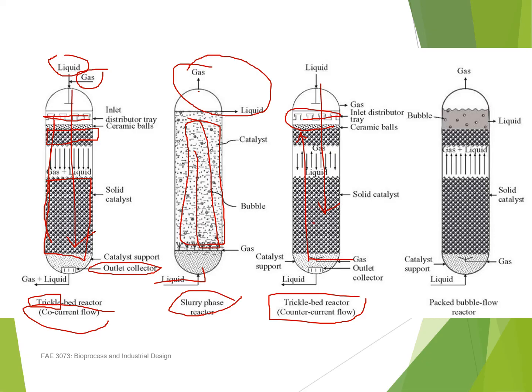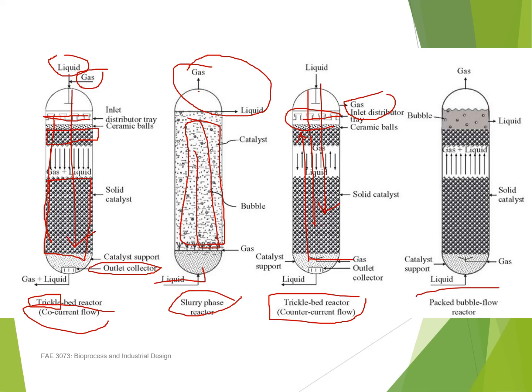Once the liquid comes into contact with your cell, there is mass transfer, meaning the reactant will pass through the membrane of your immobilized cell and go inside your cell. Then the cell will take the reactant as a substrate and convert it into a product, and then the product will go up and you will collect your product here.